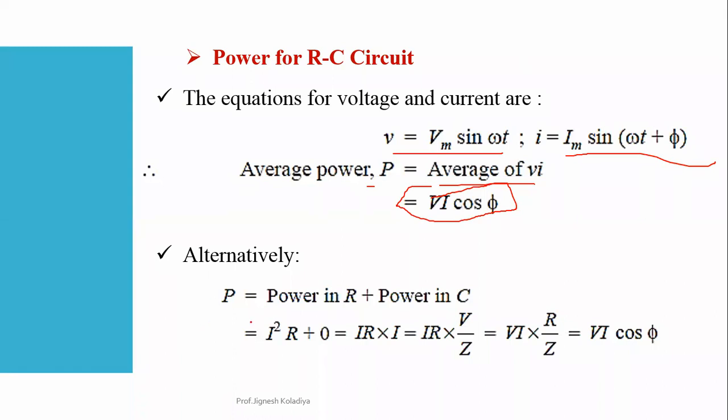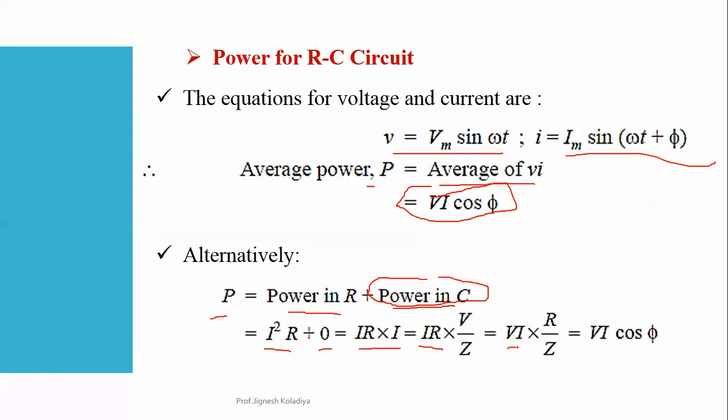And alternatively, I can use this method. Power in R plus power in C will give you total power. Already we have proved that power in pure C is 0 and power in a resistive circuit is I squared R. I squared R I can write as IR into I, and I means V by Z. Now just manipulate this term.